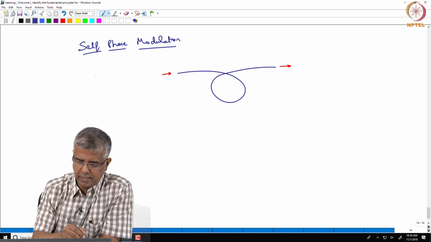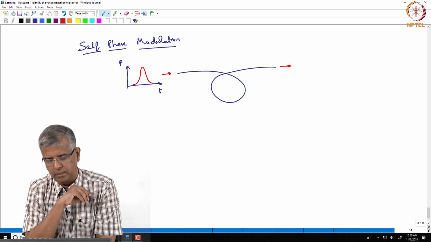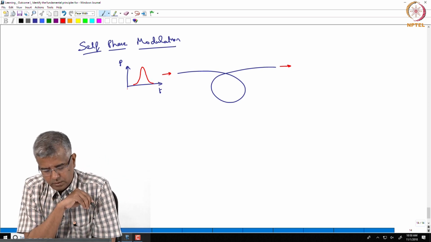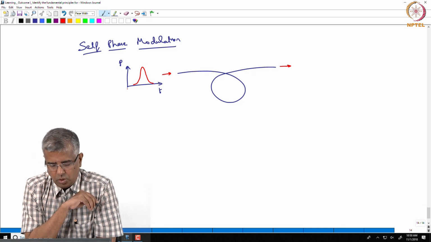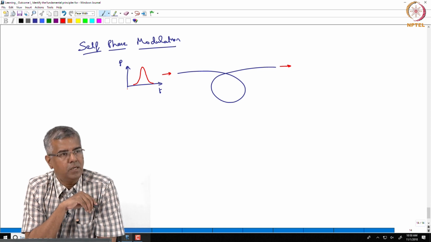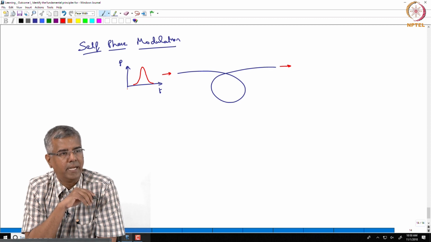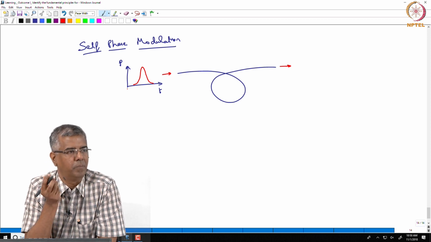If you are sending in, let us say, a pulse of light like this, okay. So, what you have in this case is, depending upon the intensity of the light, you have a slightly different response of the medium, right.